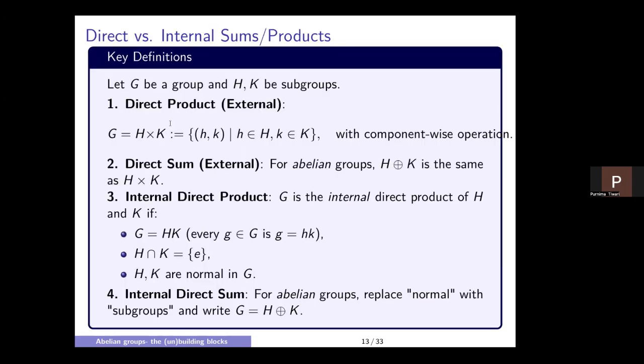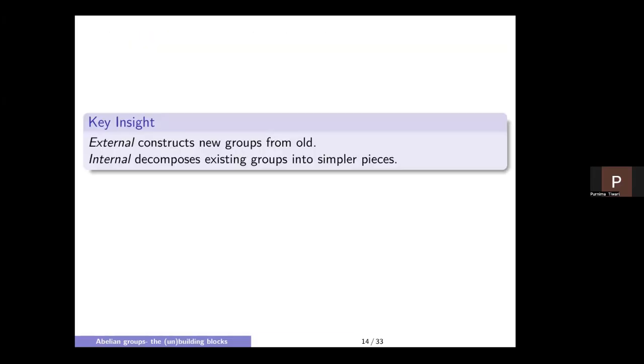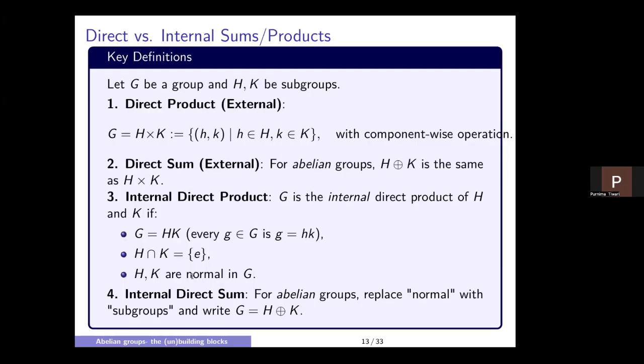As we can see, in the external case we are actually constructing a group, and in the internal case we have just taken the normal subgroups and we are expressing the group that we had in the form of the operations applied on the normal subgroups.